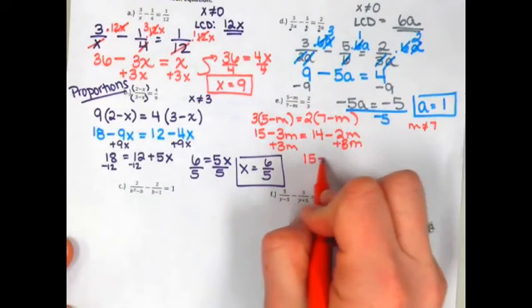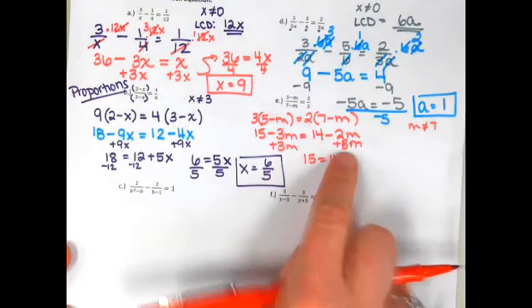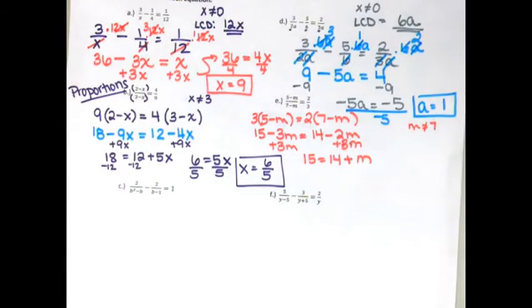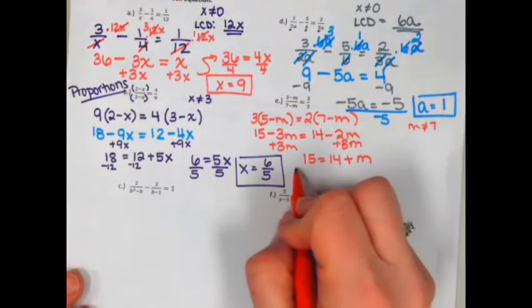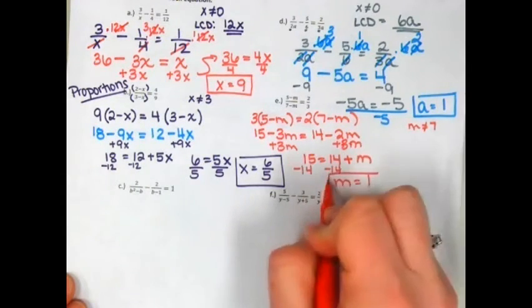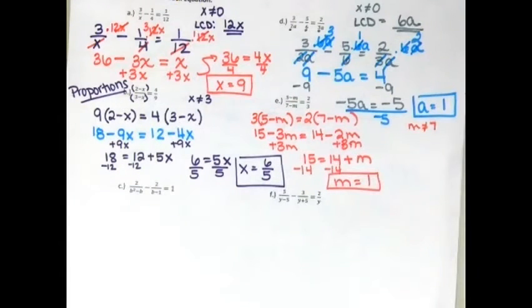We get 15 equals 14. What's negative 2m plus 3m? M, or 1m. And then how do I move 14 over? Subtract it, so m is equal to 1. Good job. All right, any questions so far?